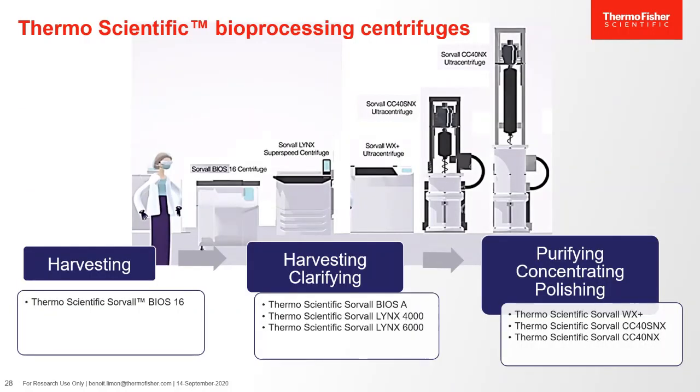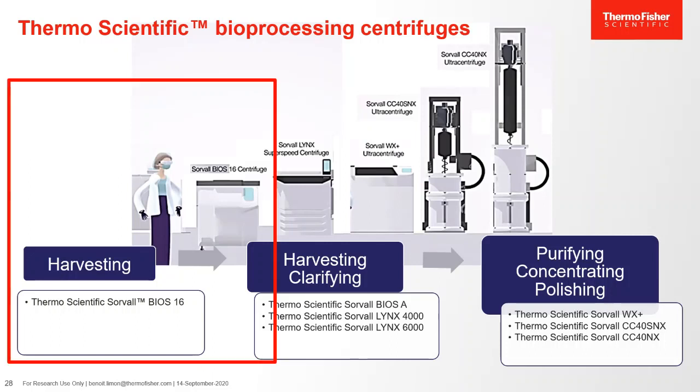If you recall earlier, we identified 3 stages of the typical bioprocessing workflow where centrifugation plays an integral part. For the harvest stage, we have our Bio16 bioprocessing centrifuge with industry-leading capacity and ergonomics.